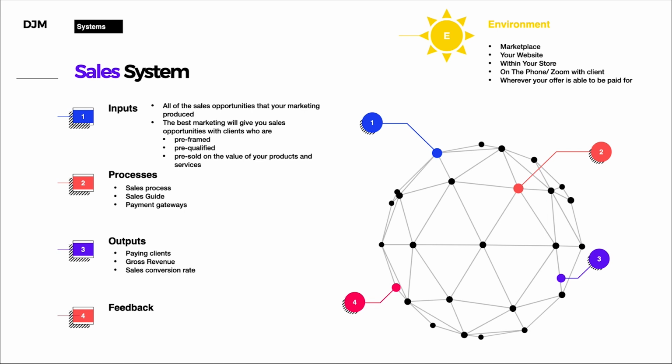The outputs that you have are paying clients, your gross revenue, and your sales conversion rate is what you learn from this. So you're able to understand what is truly your cost per acquisition based on this. And then feedback is you get metrics to determine your closing ratio. So how many people that come through and meet your sales system are actually buying your product.